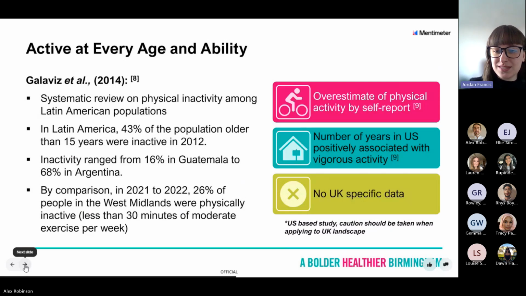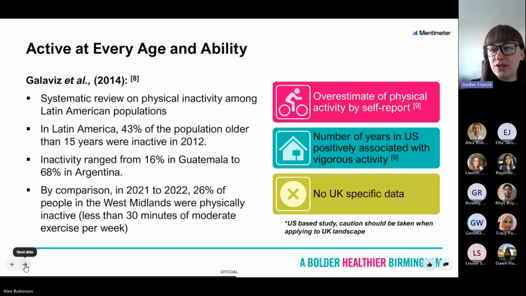So 36% met physical activity recommendations based on self-report, saying, yes, I complete this amount per week. But actually, when they were being tracked, only 21% met these recommendations. So it's important to note that how the physical activity was recorded may significantly impact how the physical activity rates of a population are presented.